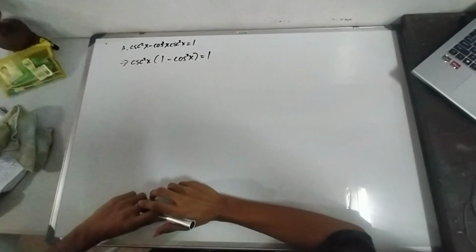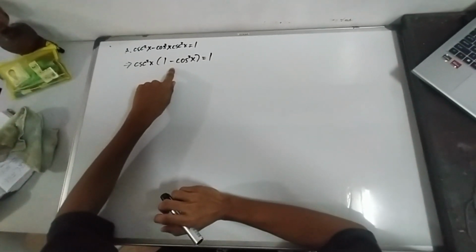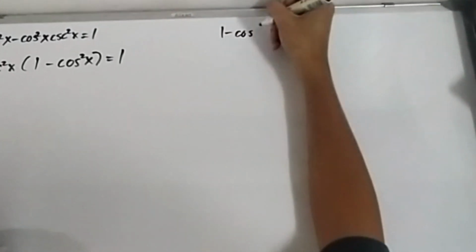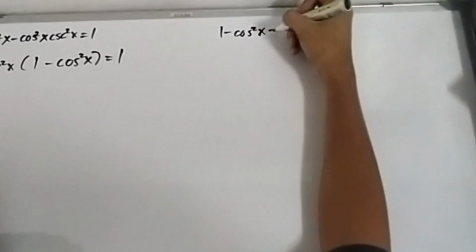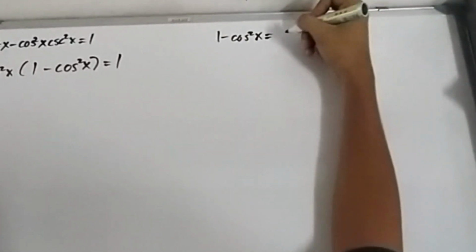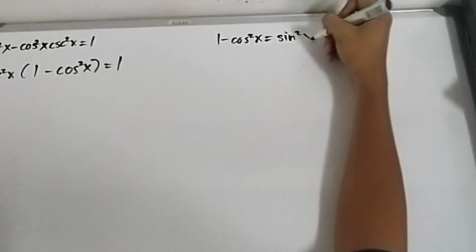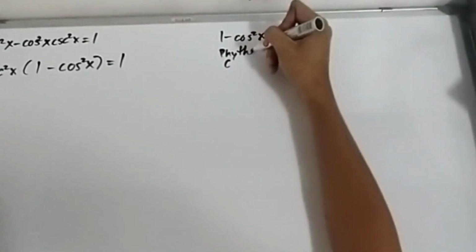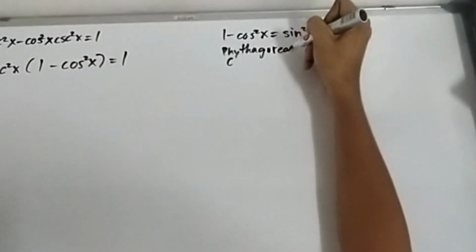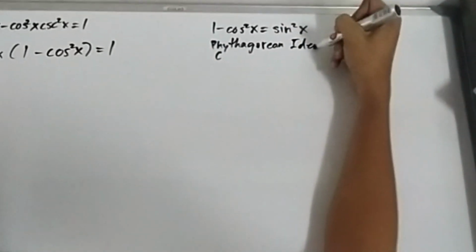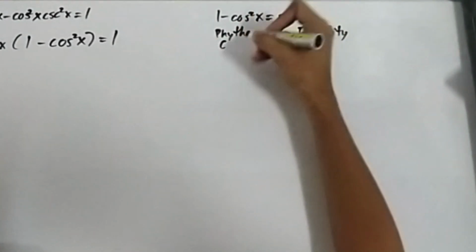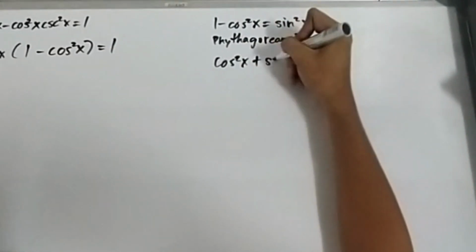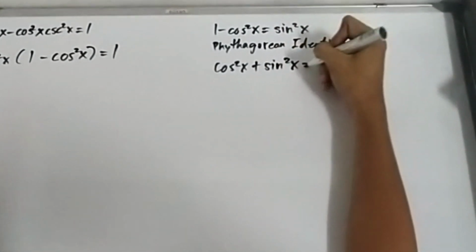The next thing we're going to do is identify that 1 minus cos squared x is equal to sine squared x, since it is in the Pythagorean identity that cos squared x plus sine squared x is equal to 1.